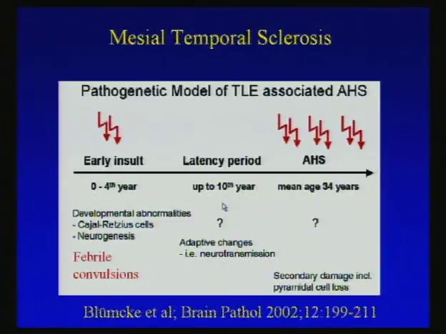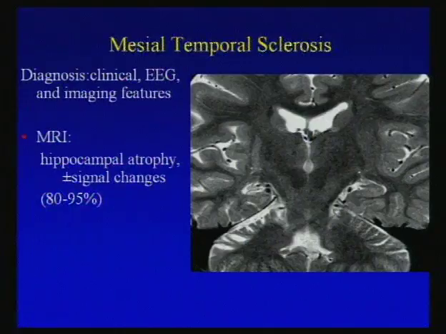There's a latency period up to about the 10th year where the patient may or may not have a seizure, but they're responding to medication. And then at a mean age of 34, these patients are no longer responding to medicine because there's so much gliosis and neuronal loss. And we see these patients at imaging because they're preoperative candidates.